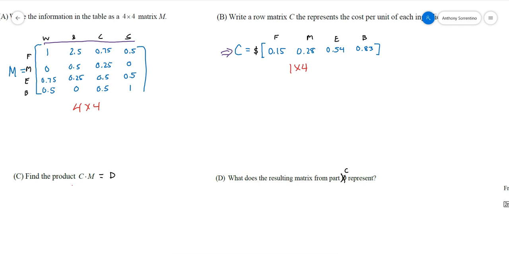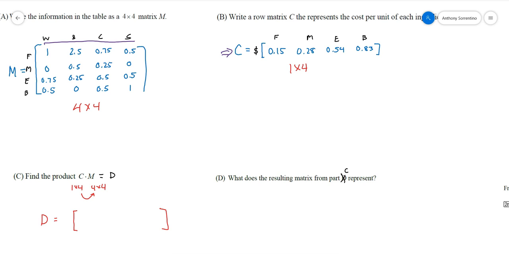So if I do a 1x4 and a 4x4, I could do that multiplication, and I would expect that D would be a 1x4 matrix.